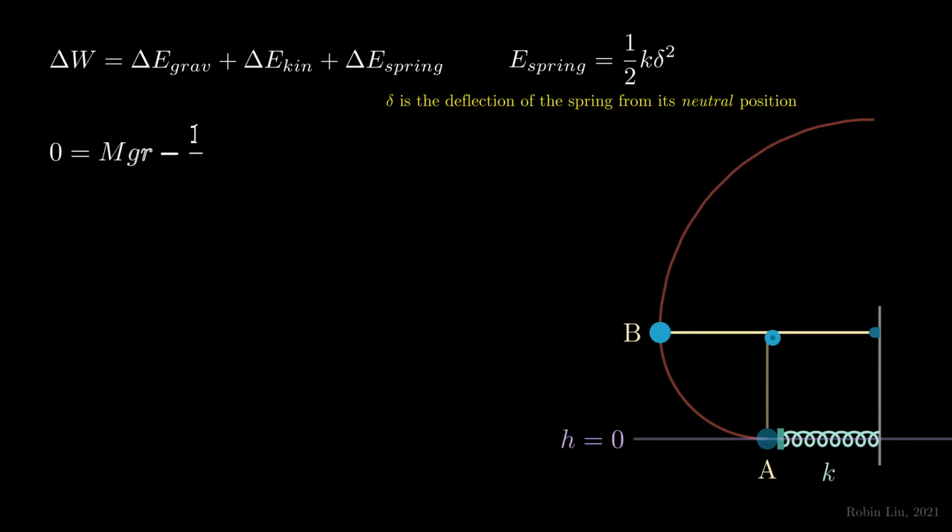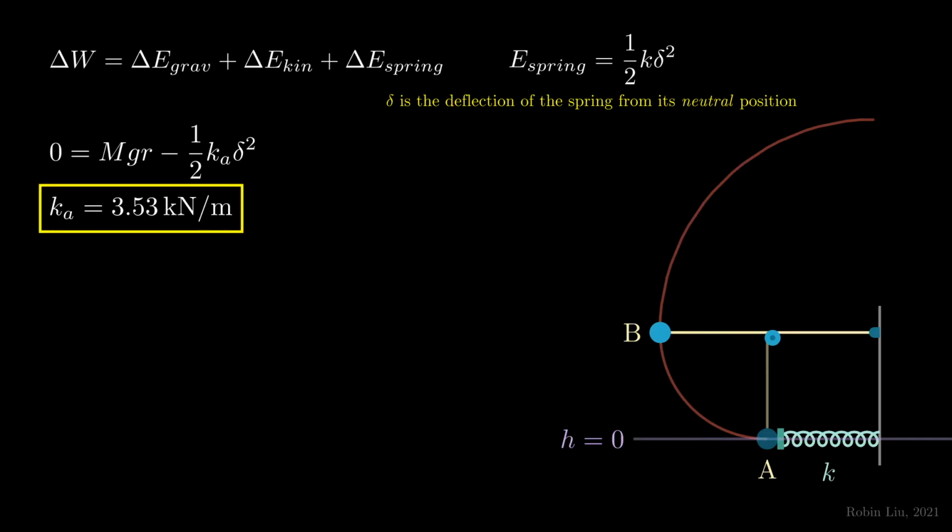Let's fill in the terms of our energy equation. No work is done, so the left side is 0. The gravitational potential energy increases by mgr, and the spring potential energy decreases by 1/2 k delta squared. Solving this equation for k gives us 3.53 kilonewtons per meter, which answers the first part of the problem.